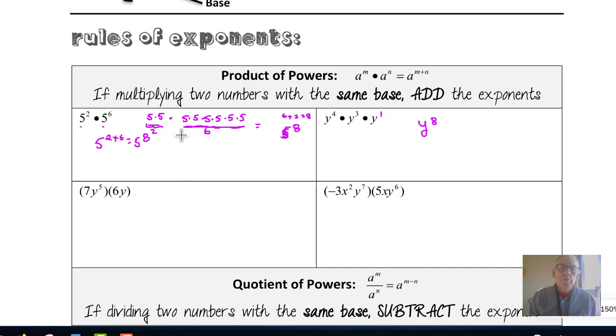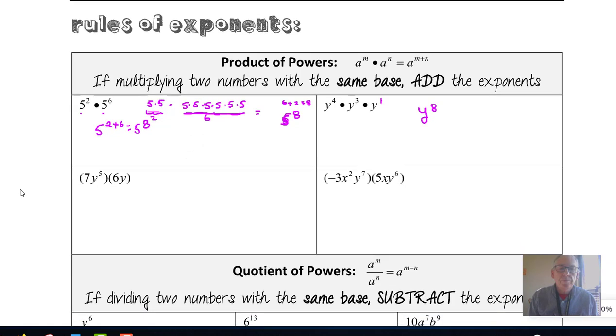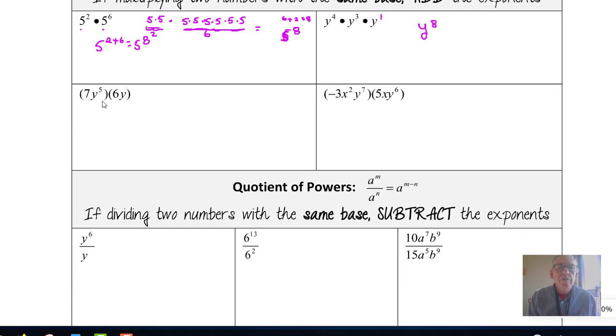Let's look at this next one. We've got 7y to the 5th times 6y. Now numbers go with numbers. So we have a 7 times 6 with the numbers. y to the 5th is the same as 5 y's. And from the other side, we have another extra y. So we end up with 7 times 6 is 42.